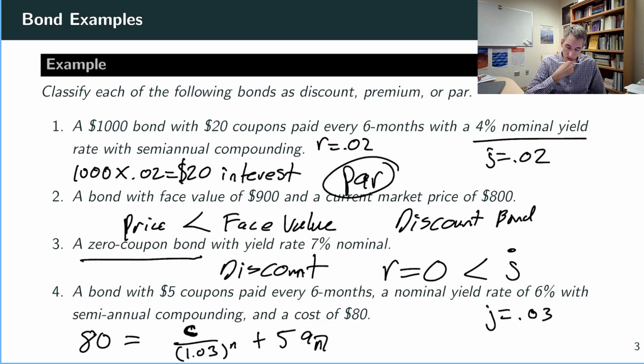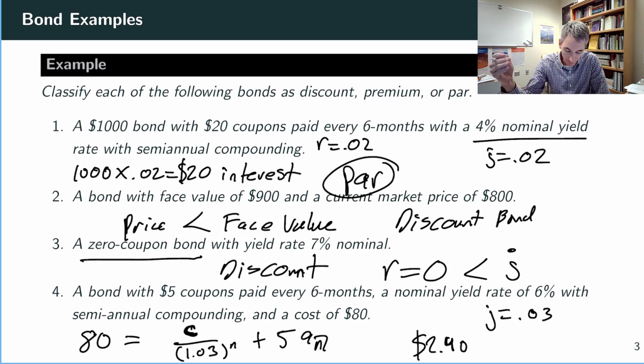But if it was 3%, let's just suppose it was par. Then it would be 3%, right? And then the par value would be 80. So what's 3% of 80? It's $2.40. $2.40 would be 3% of 80. So if it was par, the coupons would be $2.40. It would sell for $80.